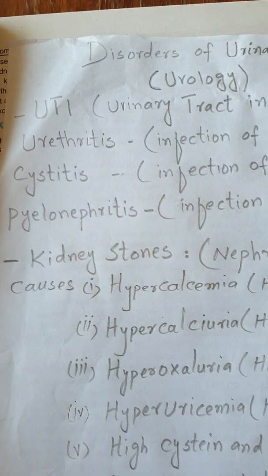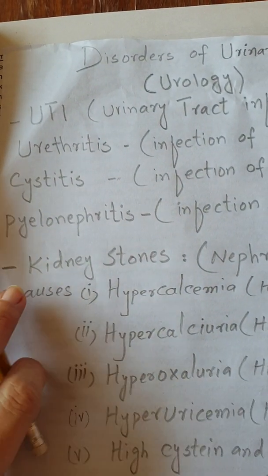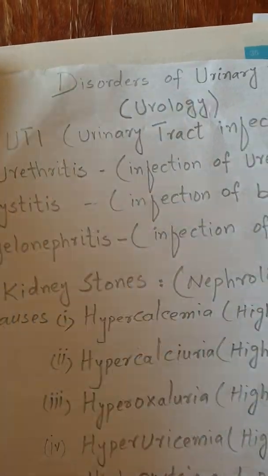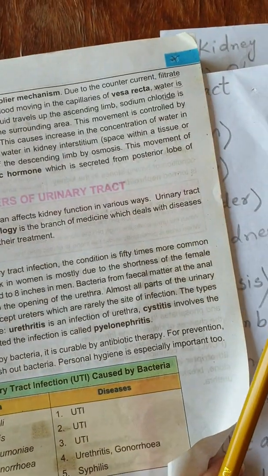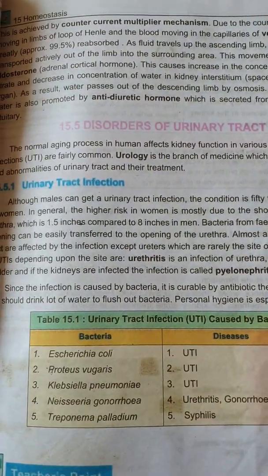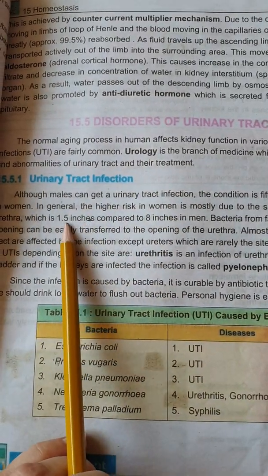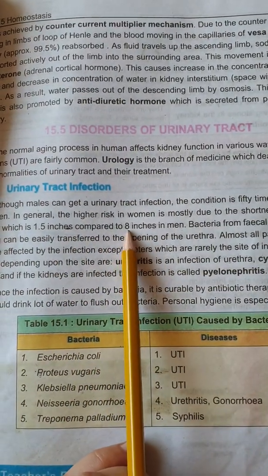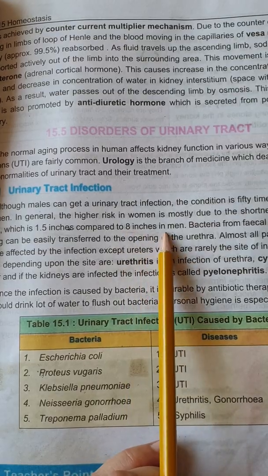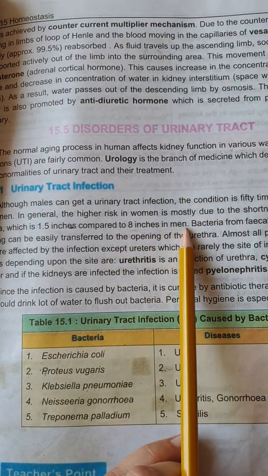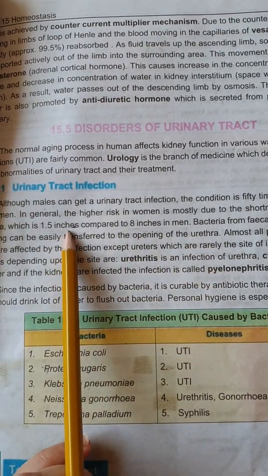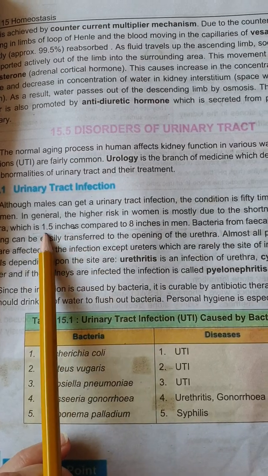The size of the male urinary tract is about 8 inches, while in female it is 1.5 inches.